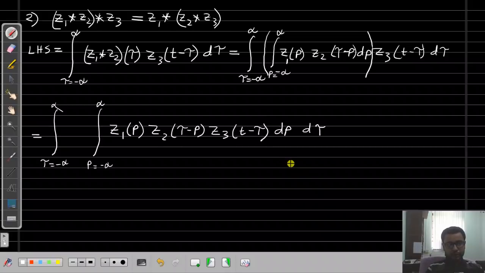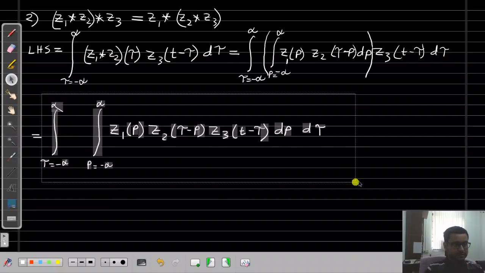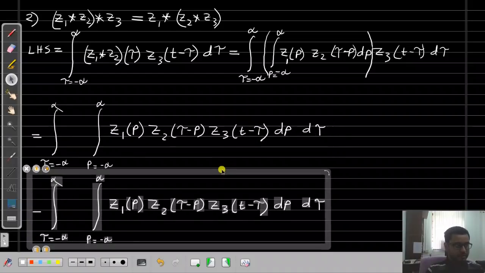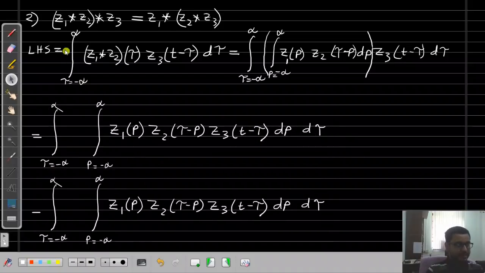Now I can swap the order of integration. Here I have tau and p. I shall swap it and write it this way. First integration over p and then tau.